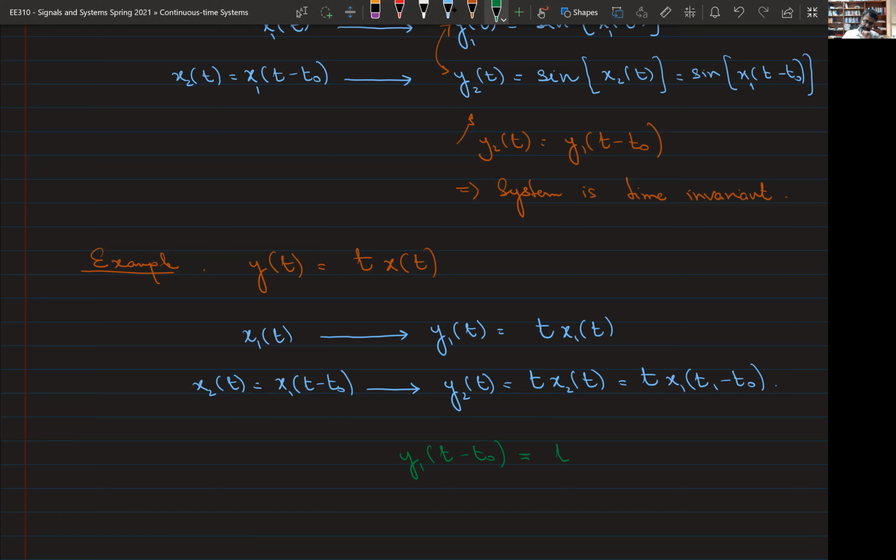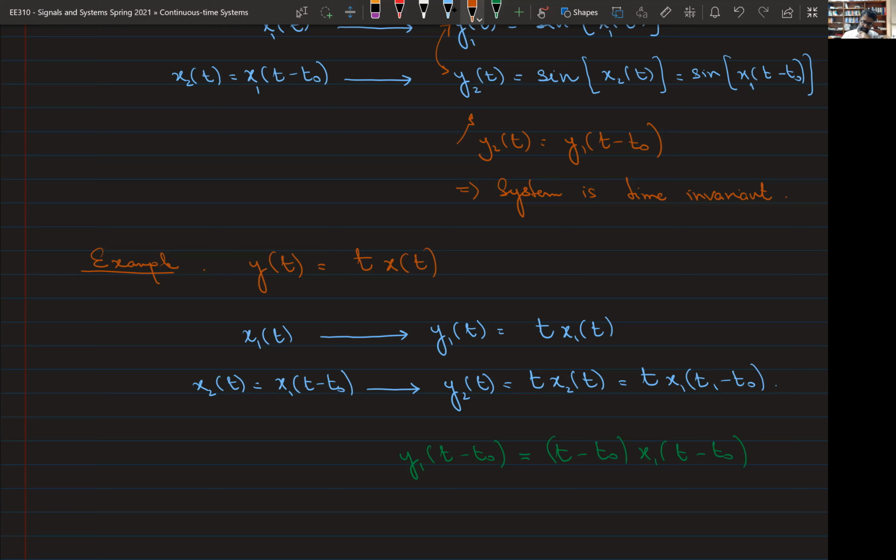That's t minus t naught times x1 of t minus t naught. If I want to shift y1, instead of t I just replace t with t minus t naught. So the shifted y1 is t minus t naught multiplied by x1 of t minus t naught. Is this equal to y2 of t?